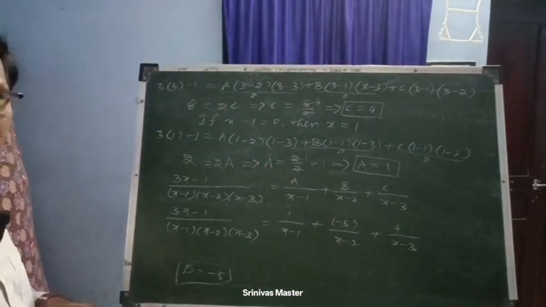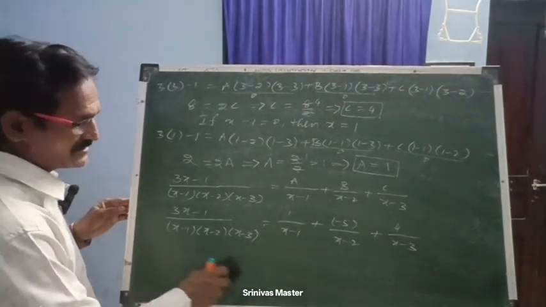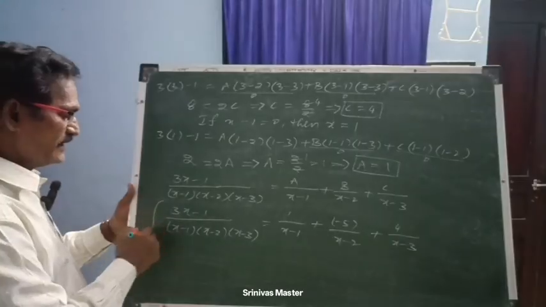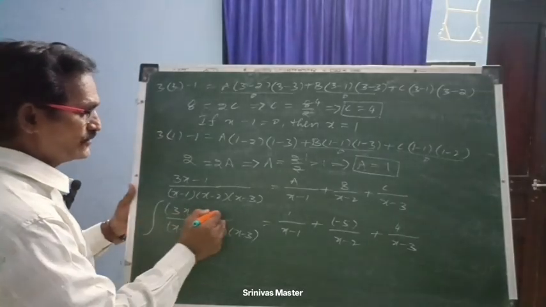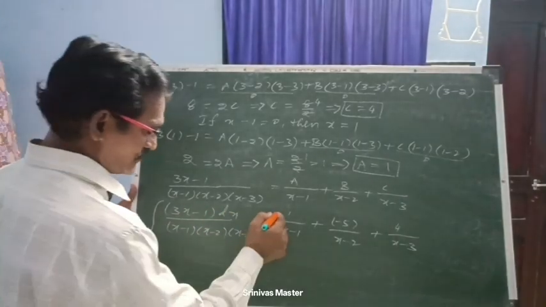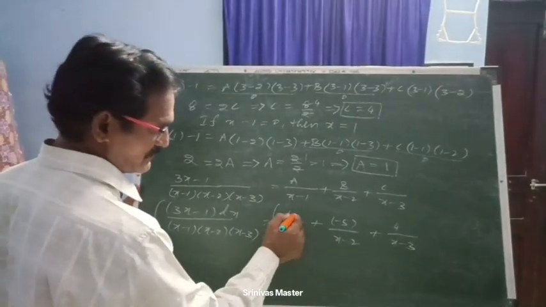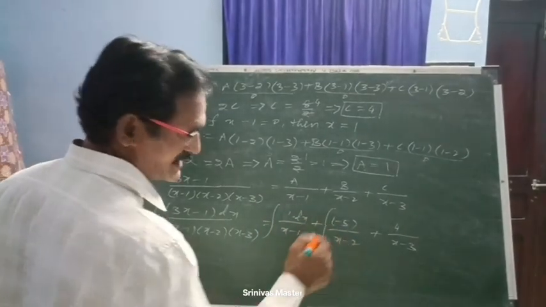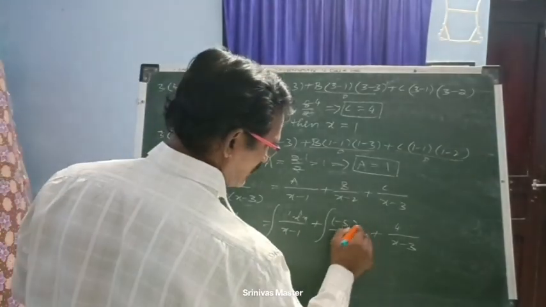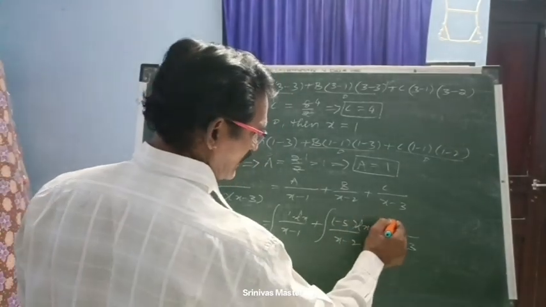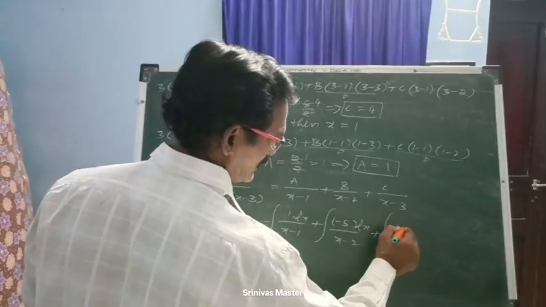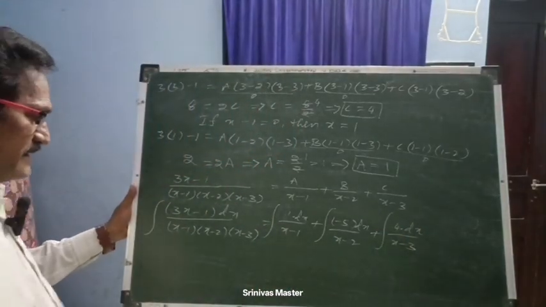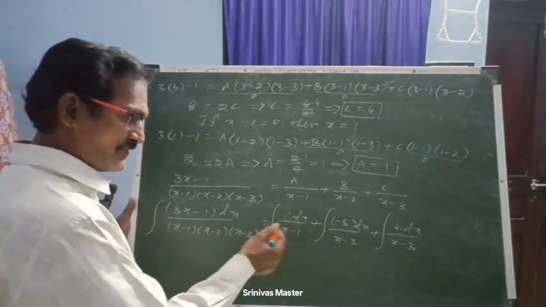Now it is ready to apply the integration because all the constants a, b and c are determined now. So the integral of this into dx equals the integral of 1 by x minus 1 dx plus the integral of minus 5 by x minus 2 dx, and the integral of 4 by x minus 3 dx, right? This is the problem now. For this problem you are finding the integration.